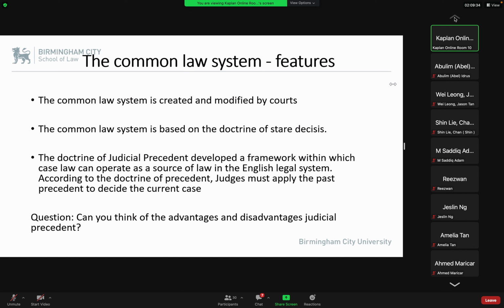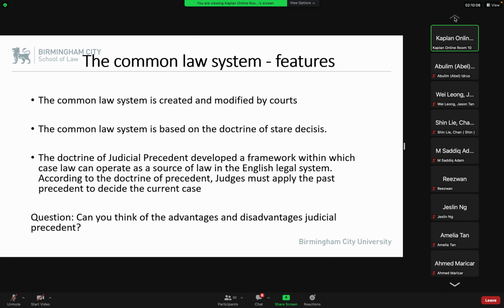Amelia says that precedent also works based on the court's hierarchy. What does that mean? It simply means that the lower courts must loyally accept the higher court's decision. So you respect the higher court. The higher court has the responsibility to develop precedent.